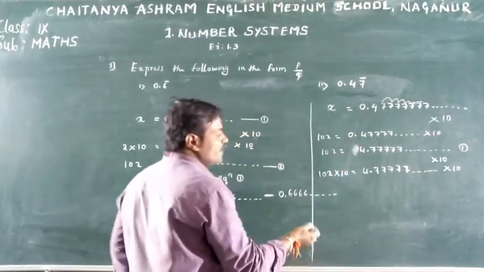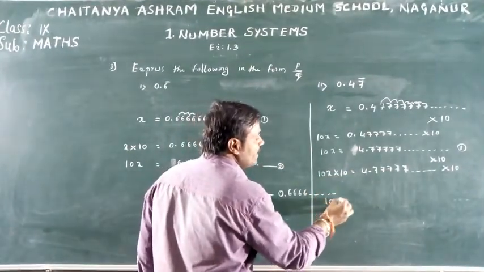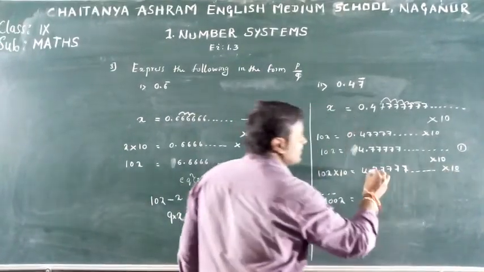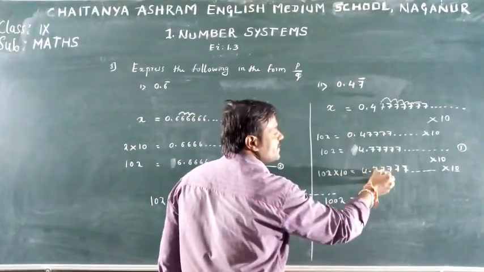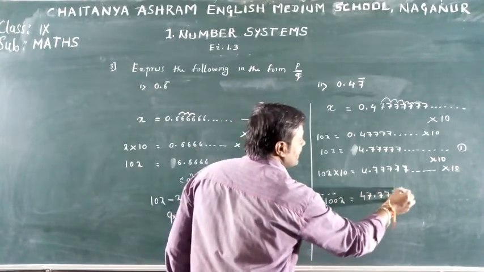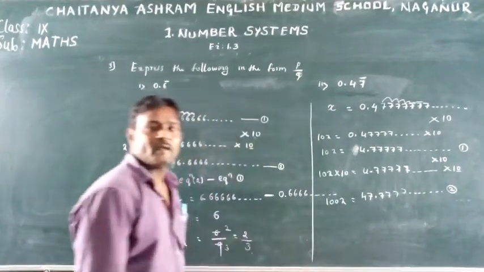The result: 10x into 10 is 100x, and shifting the decimal one place right gives 47.7777, and so on. Say this result is equation number 2.